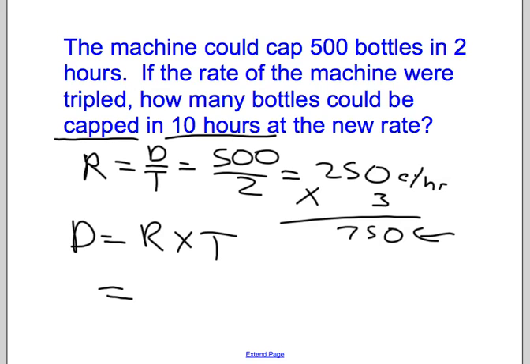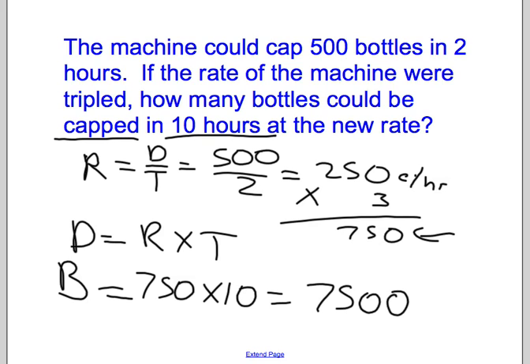So let's use B for how many bottles we could cap. We'll put the rate of 750 times the time of 10. And that's 7,500 bottles could be capped in that amount of time.